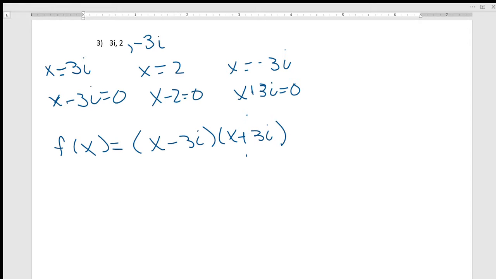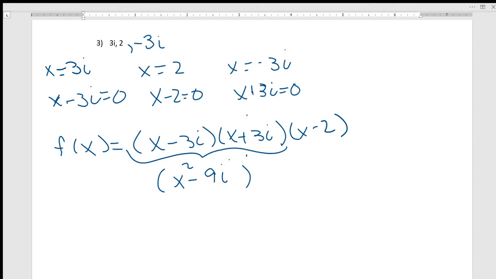When I look at that, it looks like the difference of squares. Those are factors of the difference of squares. So if you want to take your time and FOIL it, that's just fine, but I know we're going to end up with x squared minus 9i squared.